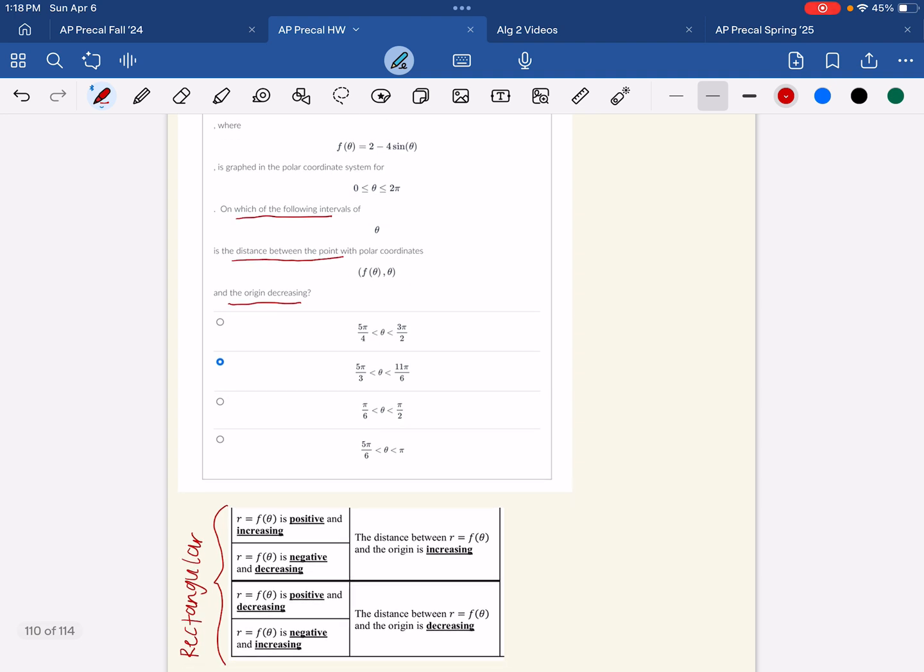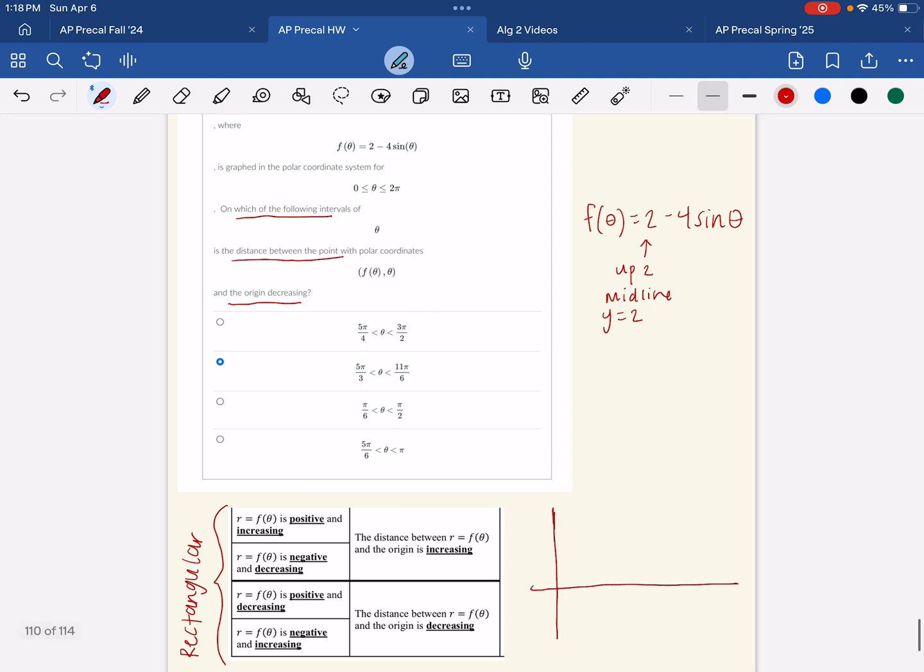It's going to be faster if we take this function, 2 minus 4 sine theta, and just try to draw a sketch, right? This has shifted up 2, so that's going to be our midline of y equals 2. We're not forgetting everything we learned back in 3.4, 3.5.